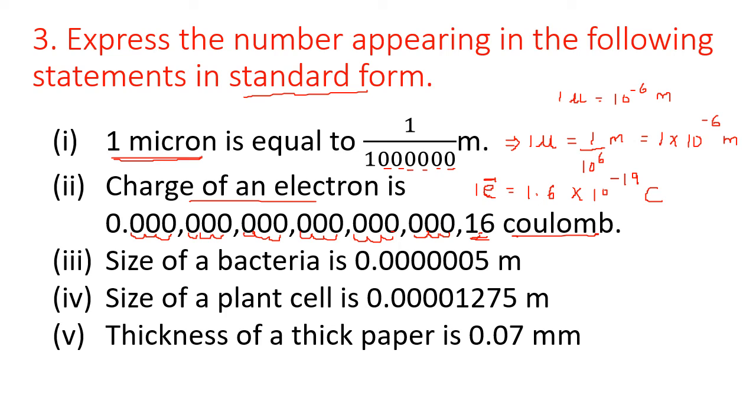Size of the bacteria. Now the unit is not given, so we'll directly write down 5 into, the decimal place is shifting 1, 2, 3, 4, 5, 6, 7. So 7 places it is shifting, so 5 into 10 raised to minus 7 meter.